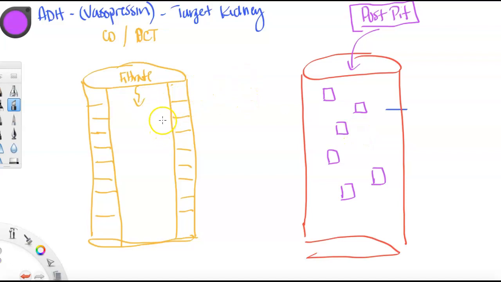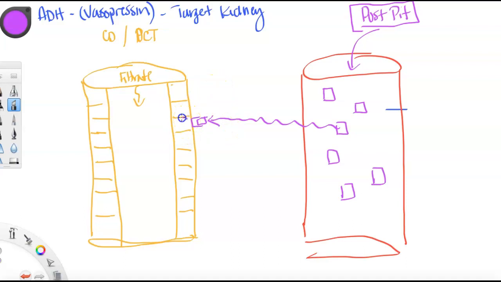As it gets to the kidney, what happens? Well, ADH is a peptide hormone, so its receptor is going to be on the outside, and it's going to come over here and bind to its receptor. When it binds to the receptor, remember, it goes through the second messenger cascade, blah, blah, whatever.